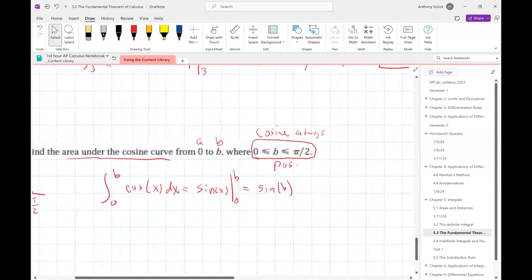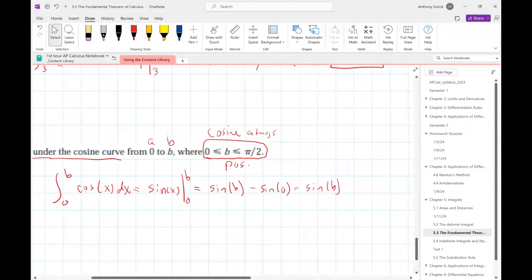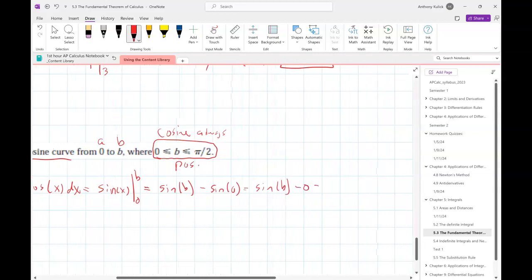So we do sine of b minus sine of 0. And I remember that sine of 0 is just 0. So I'm left with just sine of b minus 0, or sine of b. And I'm done.